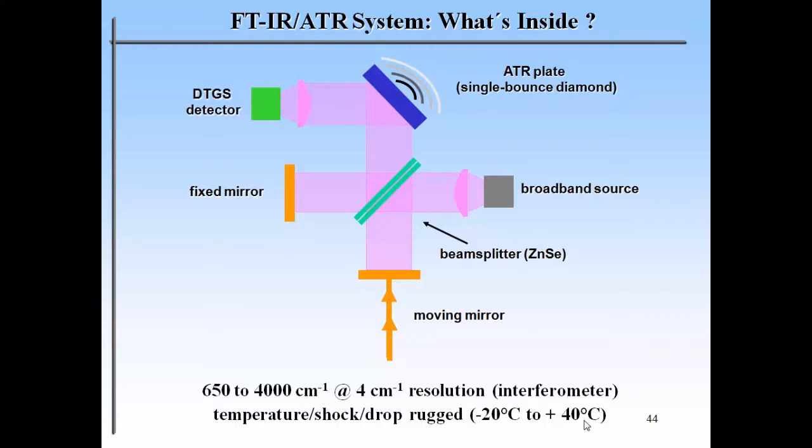The sample has to have contact with the diamond surface. That's important for the ATR technique. And from there, it goes to the detector, a deuterated triglycine detector.